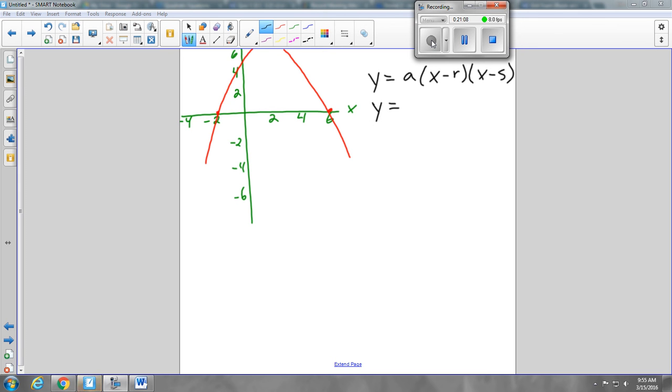Y is equal to a. We don't know a yet, and a, remember guys, is just that stretch factor. It tells us how much it's going to squash or stretch our graph. And then x, and then what am I going to put in for r? So I put in -2? Actually, I'm going to put in +2, because it's the opposite.